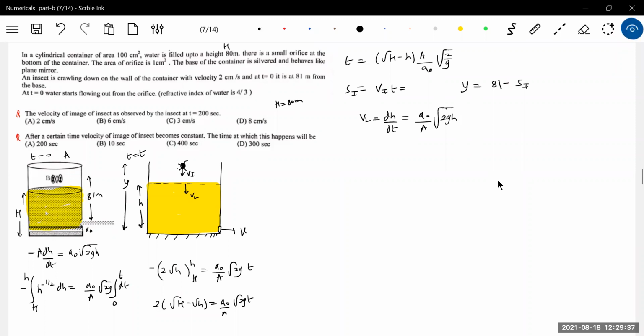Then finally, what is the distance it has covered? v i t. It has moved some distance. So at what distance from the bottom of the container should it be then? 81 minus s. Okay, this will be the position of the insect here.